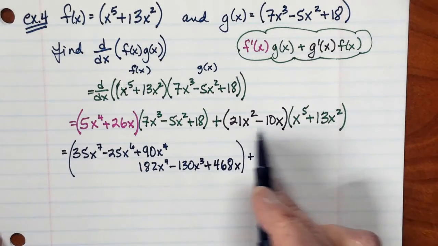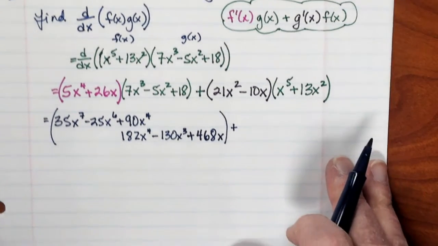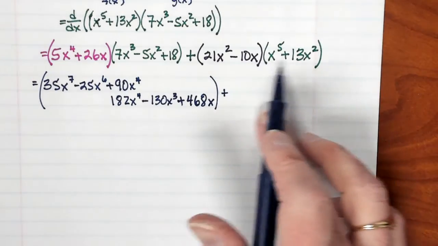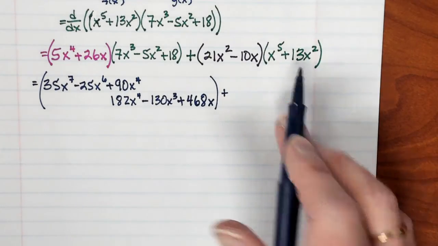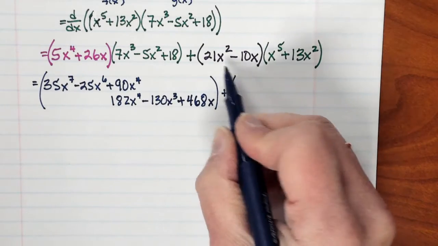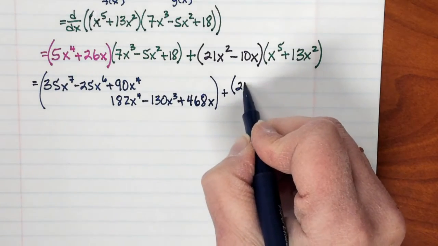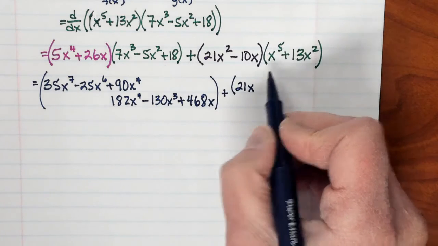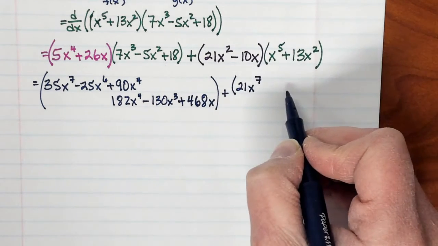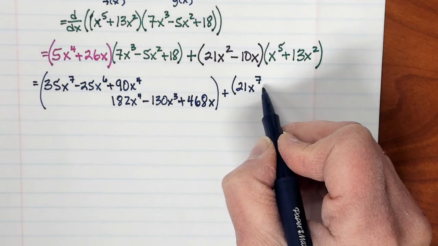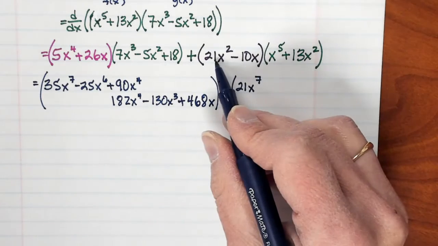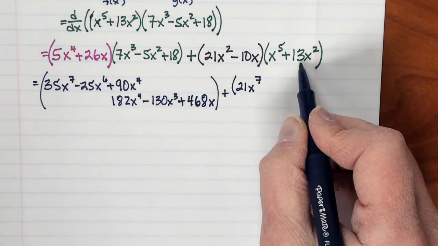Plus. This we can go ahead and FOIL distribute like you would normally think of, because this is two binomials. Here we go. This is going to give me 21x squared, and x to the fifth is 7. The next term, that's the first, outside would give me 21 times 13.